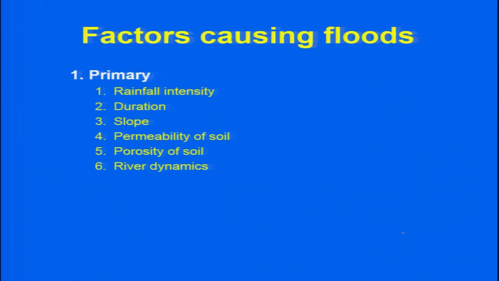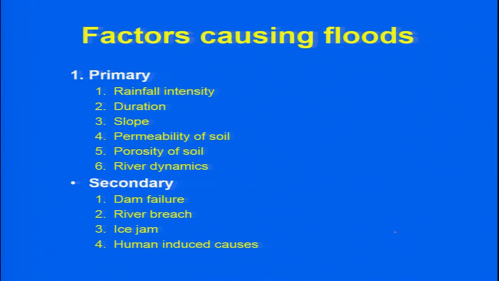Flood factors, similarly. The primary are rainfall intensity, duration, slope, permeability of the soil, porosity of the soil, river dynamics. Then secondary are dam failure, river breach, ice jam, human induced causes.